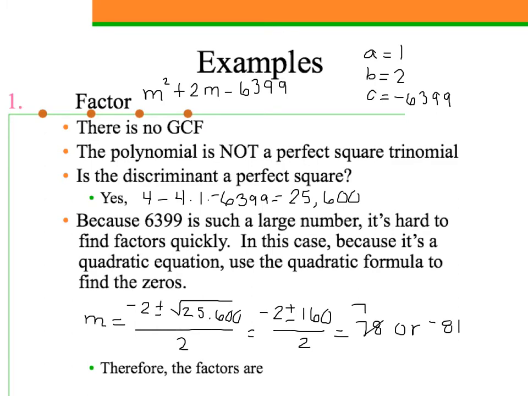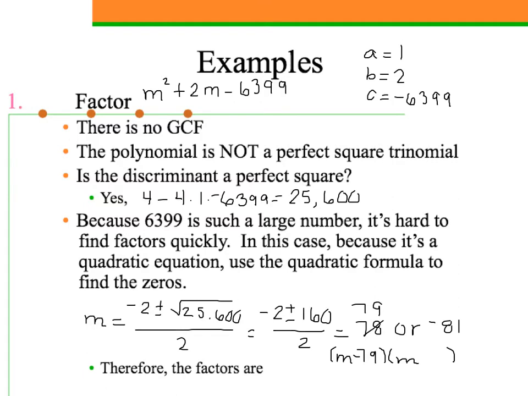That's 79, not 78. So now that we know our solutions, our zeros, then like we learned in Lesson 11.5, we can write our factors. We put an x with each of those zeros, in this case an m with each of those zeros, and then the opposite of the zero gets put with that m. So the zero was at positive 79, so I'll have a factor of m minus 79.